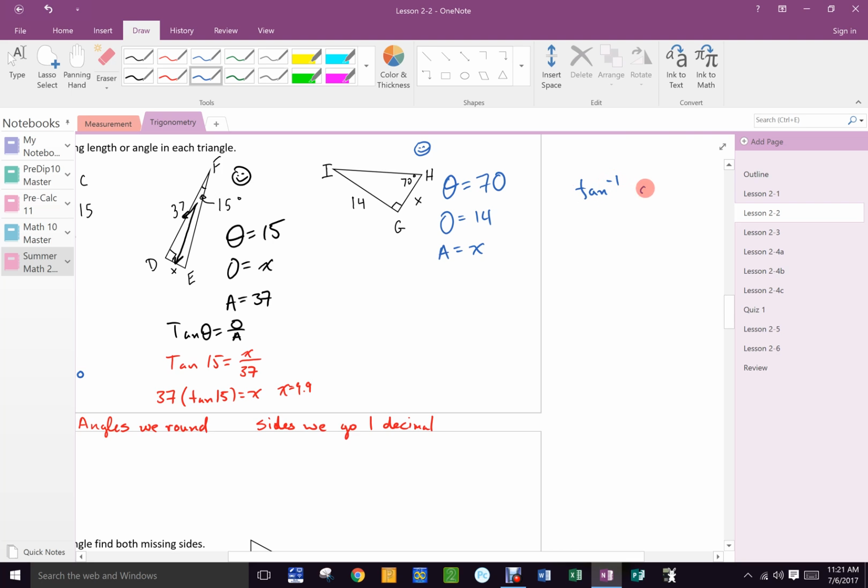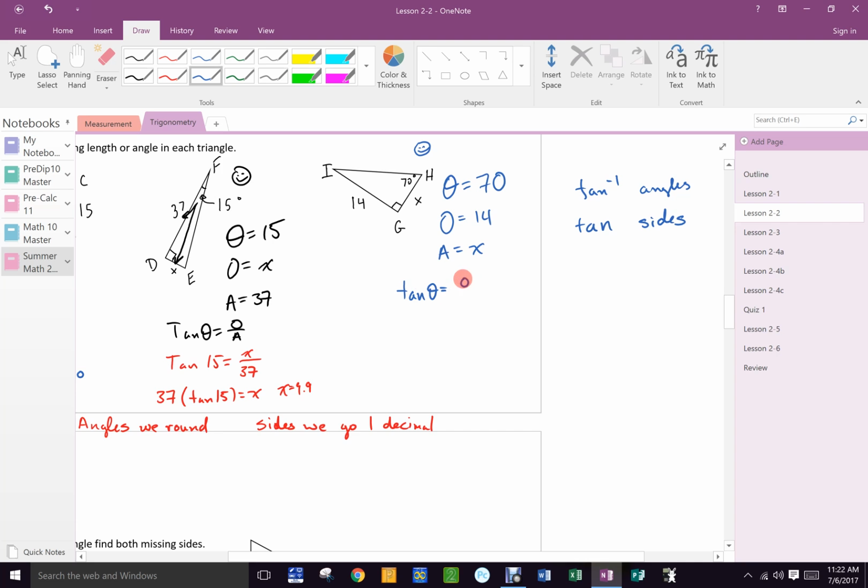Shift tan is for angles, tan is for sides. And since in this question I'm looking for a side, I must be using regular tan. And I just fill it out. You can't do it wrong if you write it out, and it only takes 1 second.